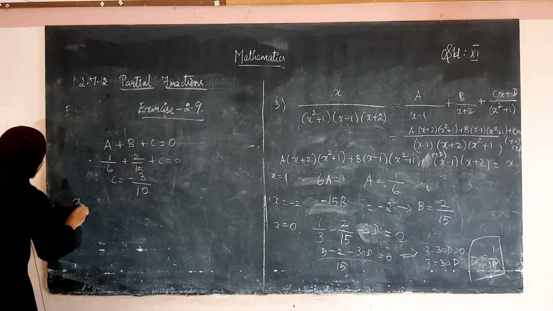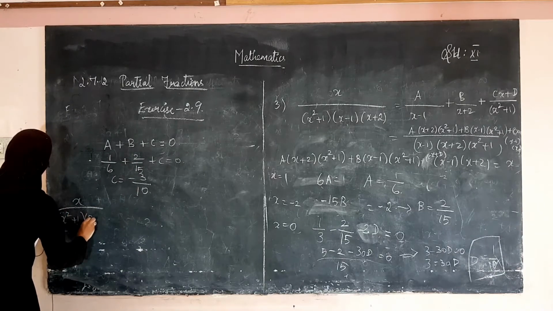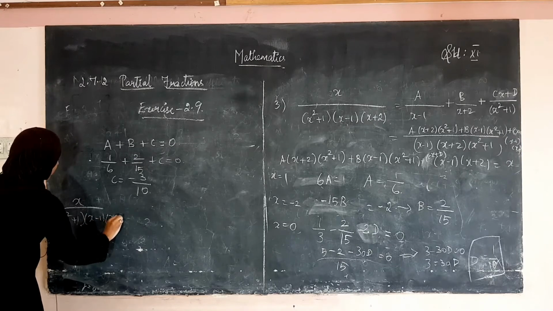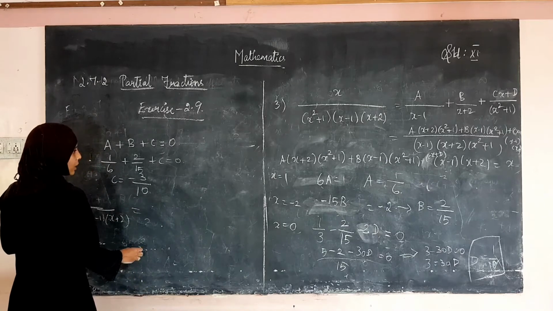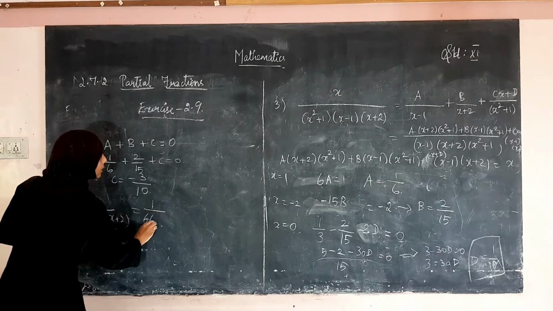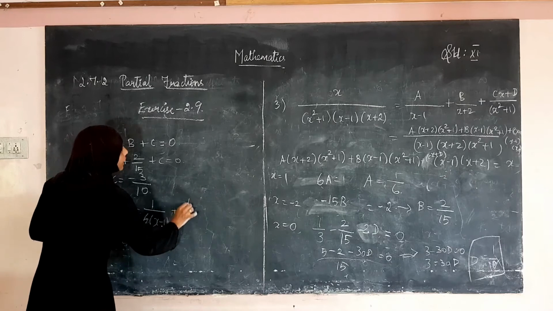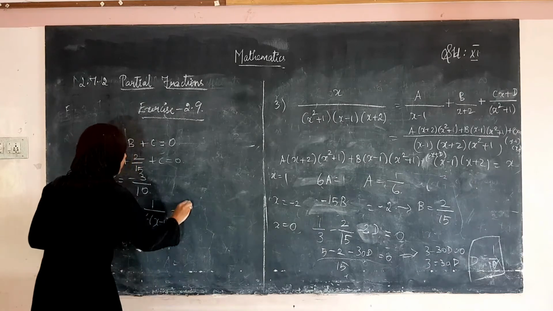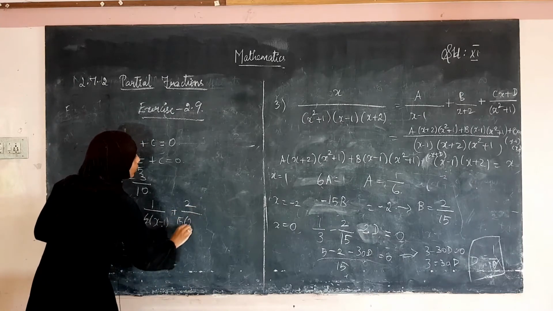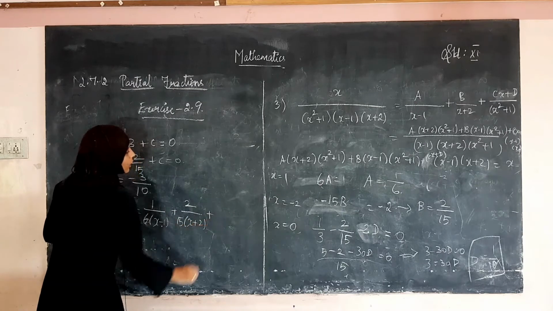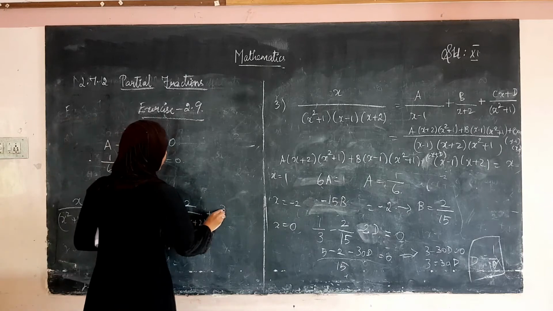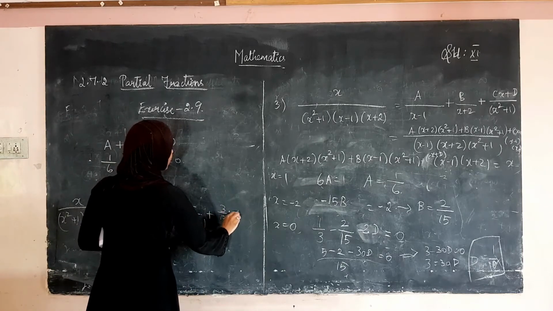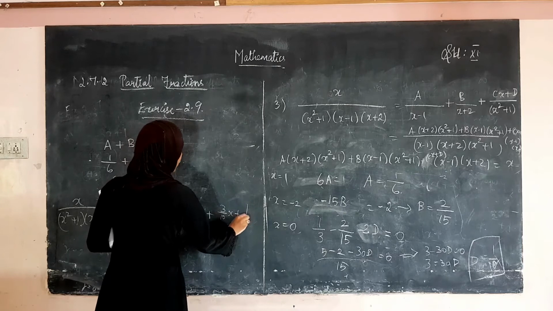So, what happens? The answer is x divided by (x square plus 1)(x minus 1)(x plus 2) equal to a divided by... a is 1 divided by 6, so 1 divided by 6 into x minus 1, plus b is 2 divided by 15, 2 divided by 15 into x plus 2, plus, what is the value of c? c's value is 3 divided by 10, 3 divided by 10 into x, plus, what is the value of d? 1 divided by 10.